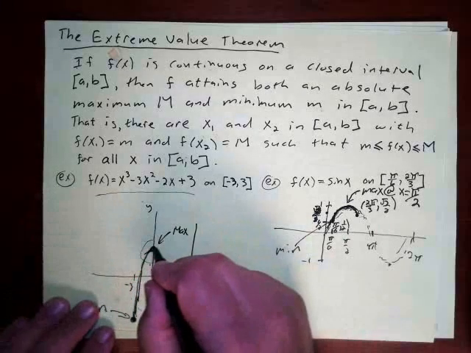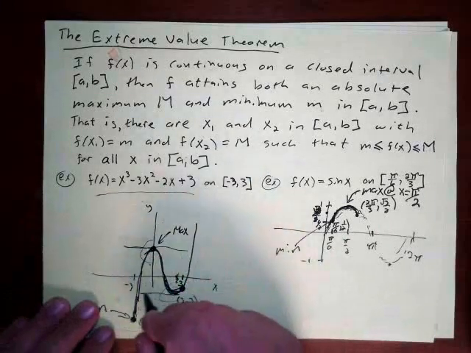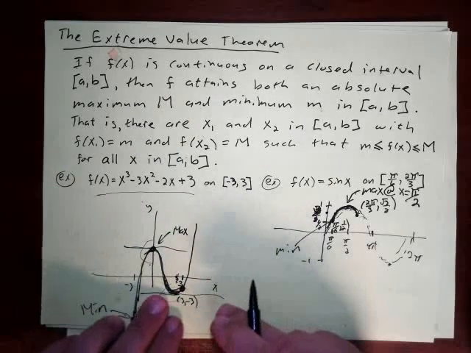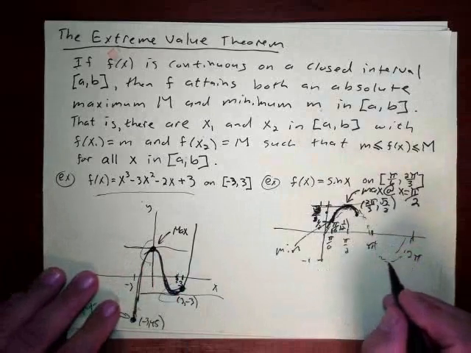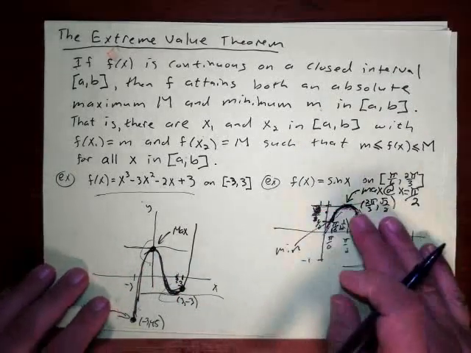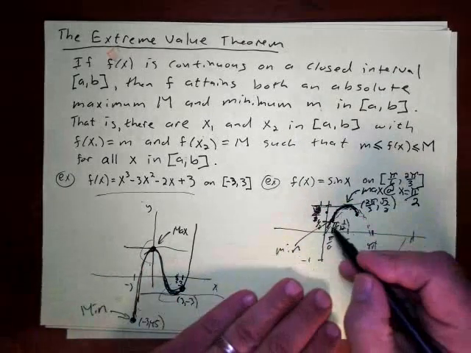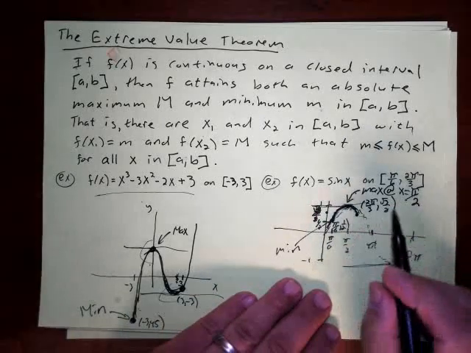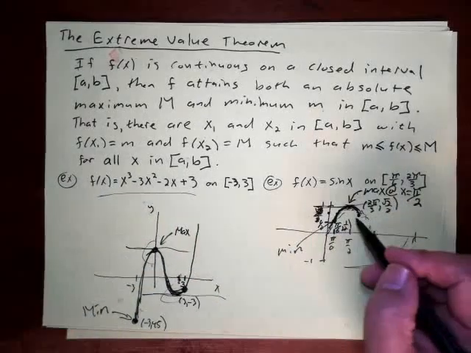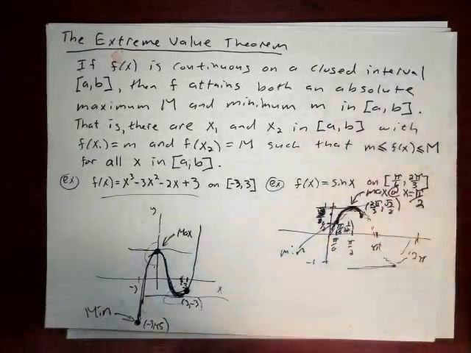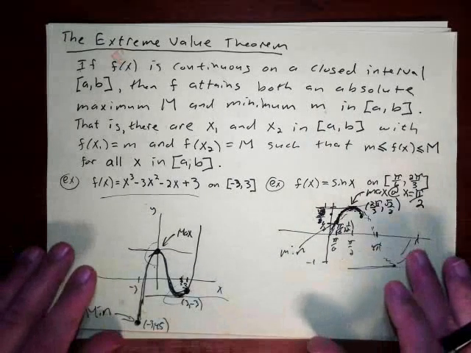And what we're going to basically find is when the derivative is equal to 0, right? Because you've got these horizontal tangent lines. Again, right here, these are when the derivative is equal to 0. So, there you go. If you have a continuous function on a closed interval, somewhere on that closed interval, you're going to have an absolute minimum and an absolute maximum over that interval.